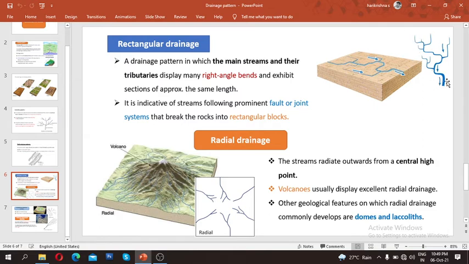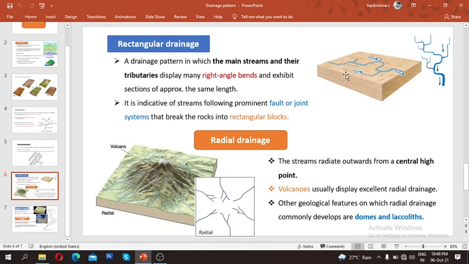Here you can see this is the main stream, and the water flow is demarcated here. In this terrain also you can see water is flowing in this direction. Here also you can see various right angled bends. Here you can see another right angled bend. Here also you can see some right angled bend.